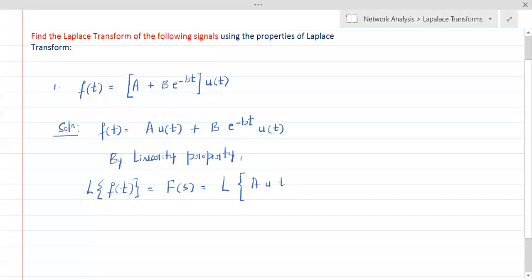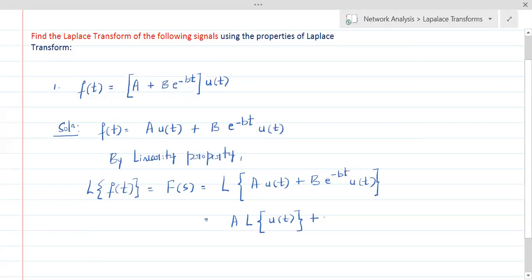The Laplace transform of A u of t plus b e power minus bt u of t. Since we're using the linearity property, we can keep this A out and apply the Laplace transform on u of t. This is what the linearity property tells us.